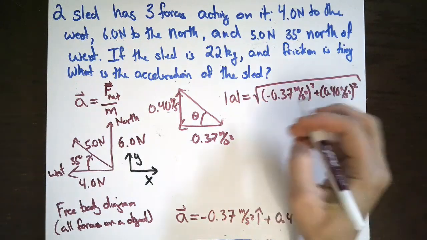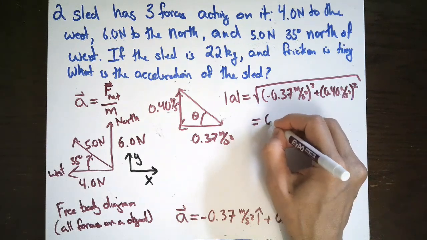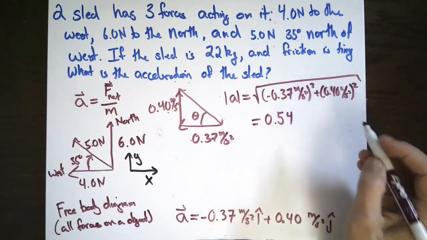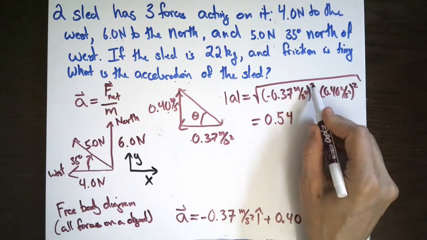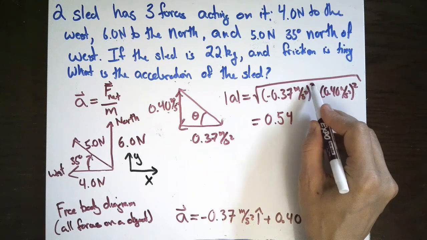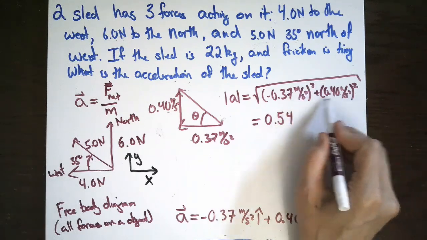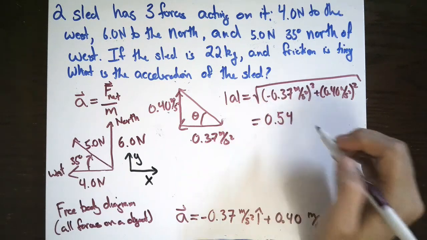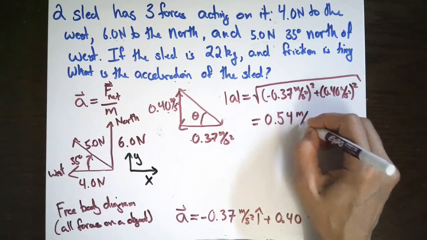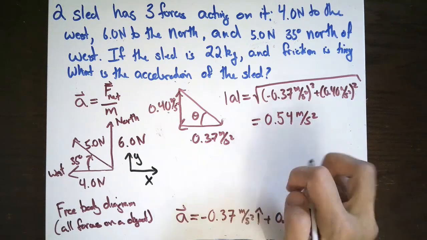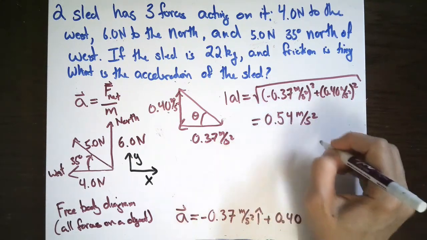And when we run that through our calculator, we get 0.54, and then units, meters squared over seconds squared, so meters squared over seconds to the 4th. That'll happen in both, which is good, so we can add these 2 terms. But then we take the square root, which undoes this square, so we'll still have meters per second squared, as we ought to. And then for the angle, that was the magnitude.